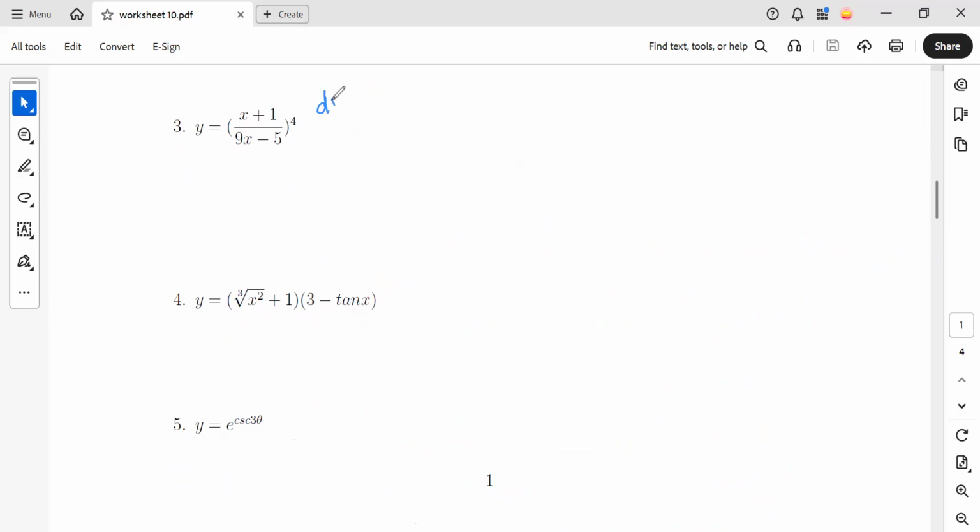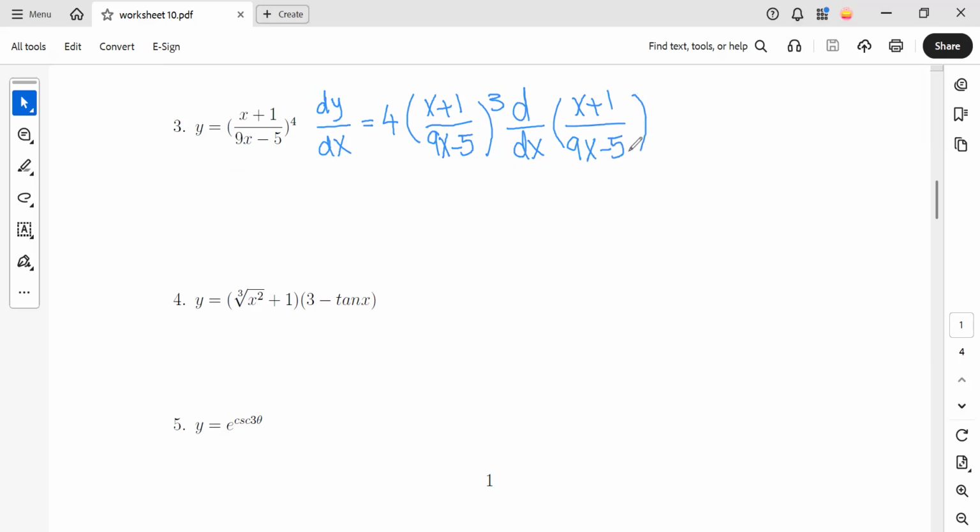It will be dy dx equals, we would bring the power to the front, we would rewrite the expression to the power 1 less, and then the derivative of the inside, which is x plus 1 over 9x minus 5. So 4 times x plus 1 over 9x minus 5, we just rewrite them.